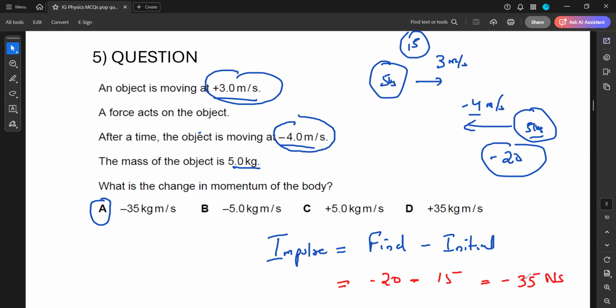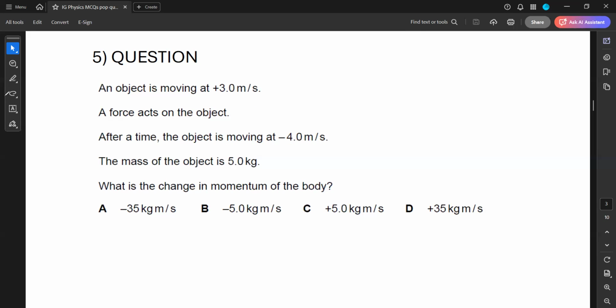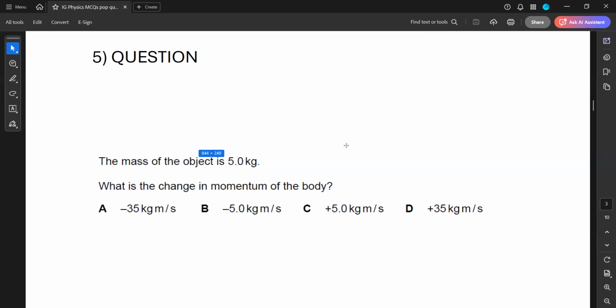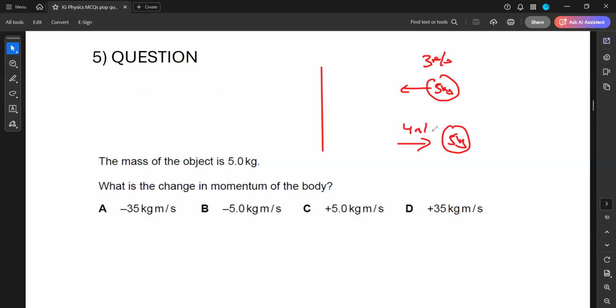So if it was not given a negative sign, if it was the same question and instead of the wordings, the figure was given to you like this: there's a 5 kilogram object moving at a speed of 3 meters per second and it bounced back with a speed of 4 meters per second.